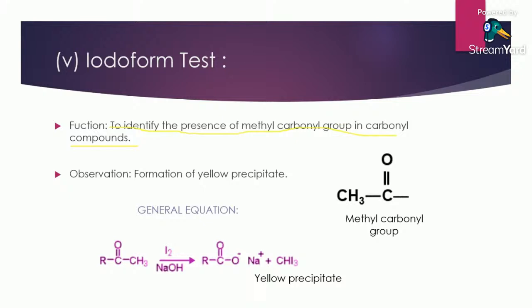If this experiment is positive, the product is the formation of a yellow precipitate. The product for this reaction, if you can see here, is Na plus and CHI3, this is our yellow precipitate.